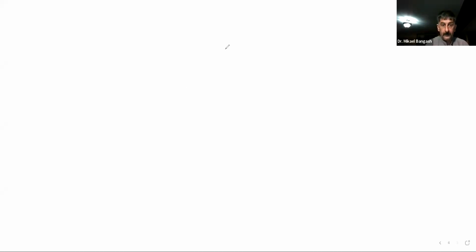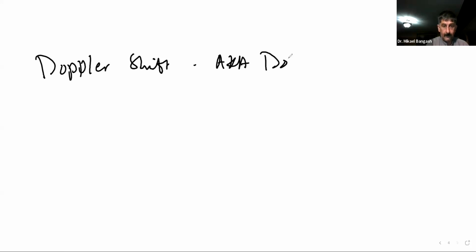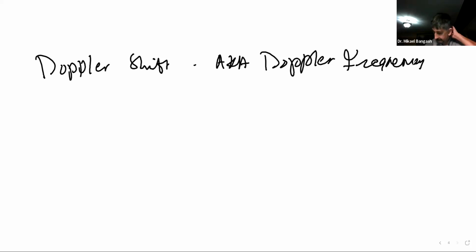So we can say that we are going to have what we call a Doppler shift. This can also be known as a Doppler frequency. Is that clear?